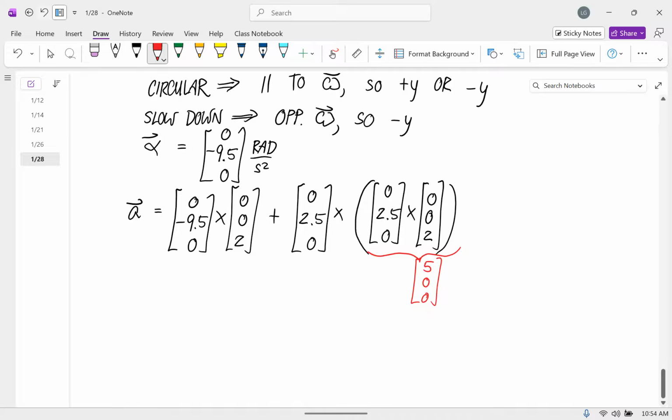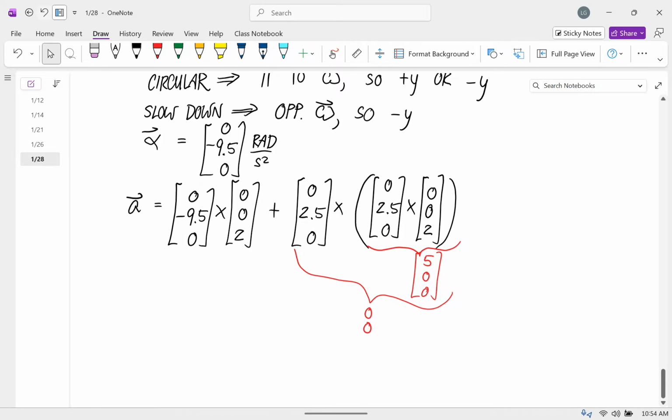And now we're crossing this with this. Remember, the order matters here. And so we get 0, 0. And then for the z direction, we get negative, what's 5 times 2.5? 12.5.